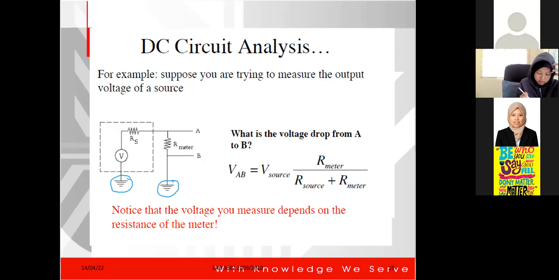Dry cell? This is actually ground. So when there are two points like this, this is ground, and this is also ground.